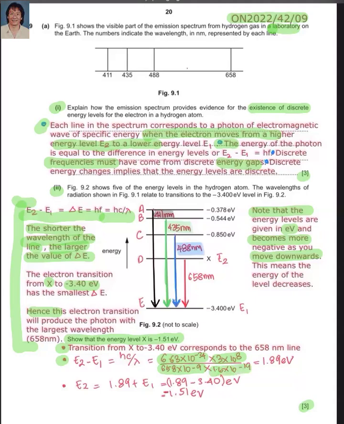So E2 minus E1 equals 1.89 electron volts. Therefore, delta E is 1.89 electron volts. So your E2 will be equal to 1.89 plus E1, but your E1 equals minus 3.4 electron volts. Therefore, your E2 will be equal to minus 1.51 electron volts.